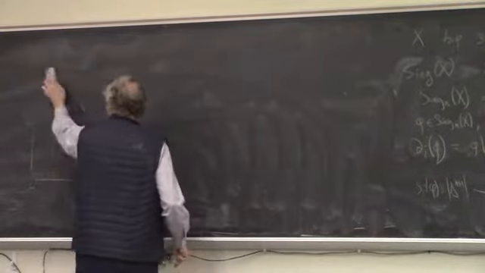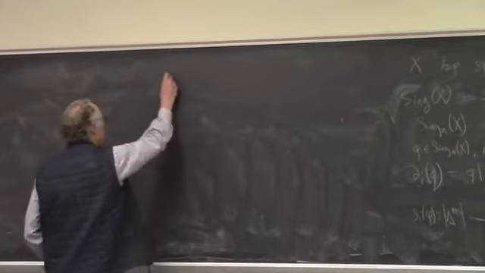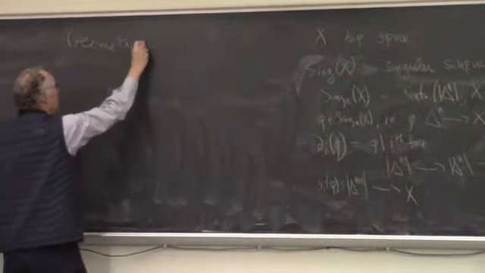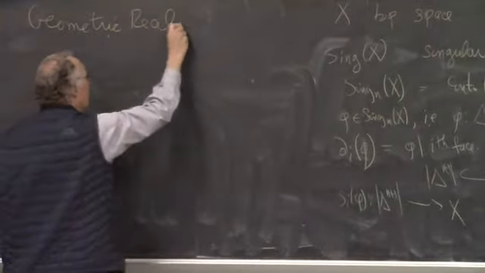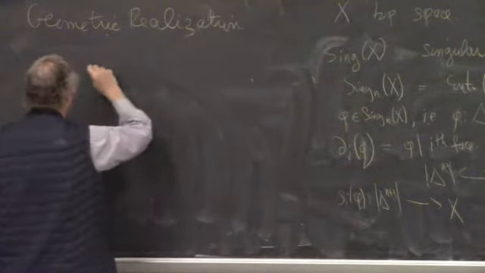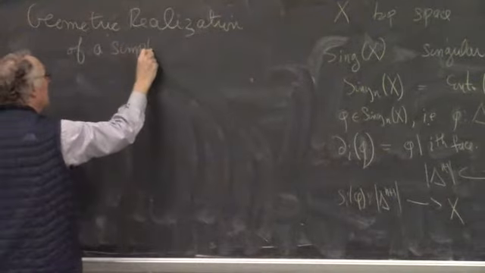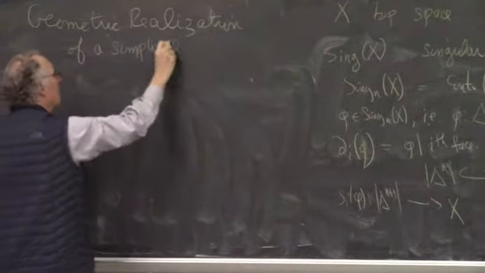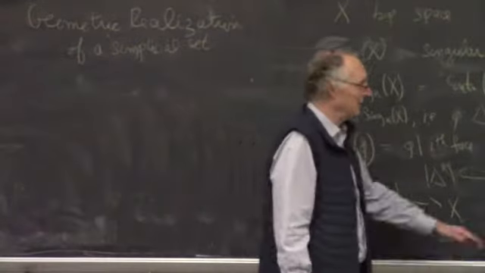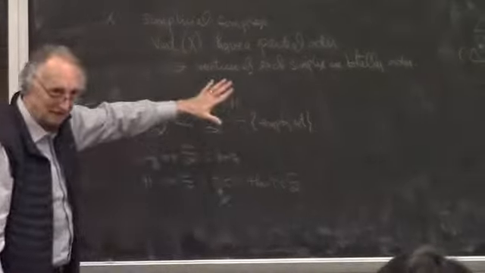And it's called the geometric realization. And it's going to look very similar to what I said when I was talking about how to build a simplicial complex out of simplices.